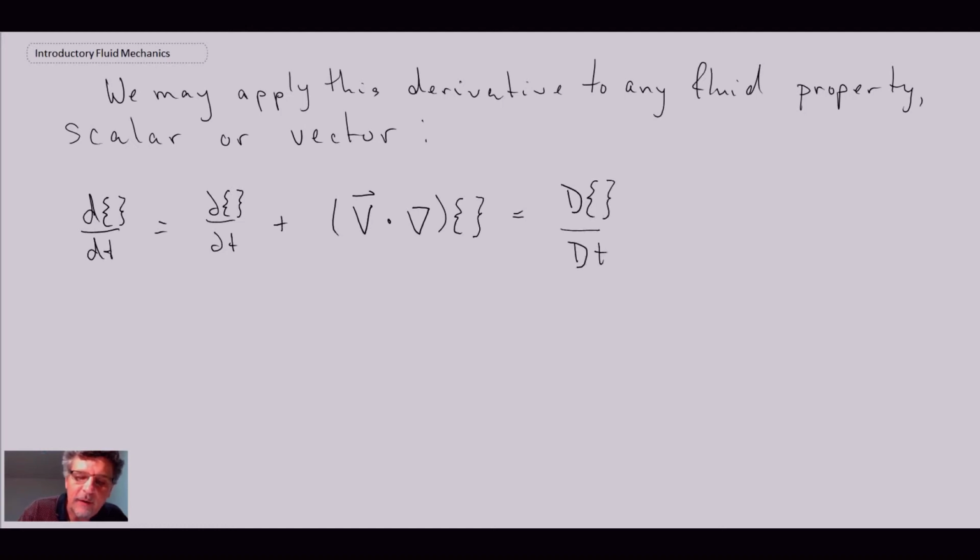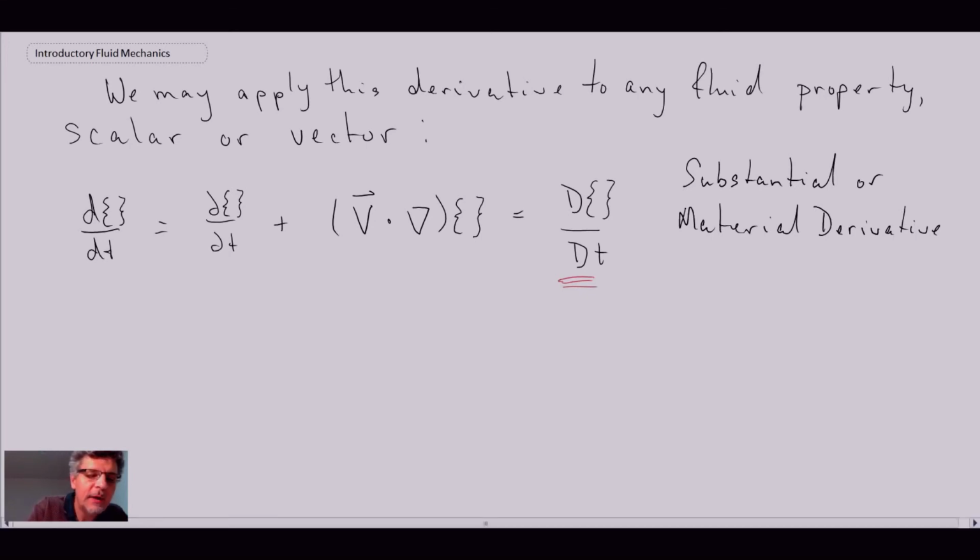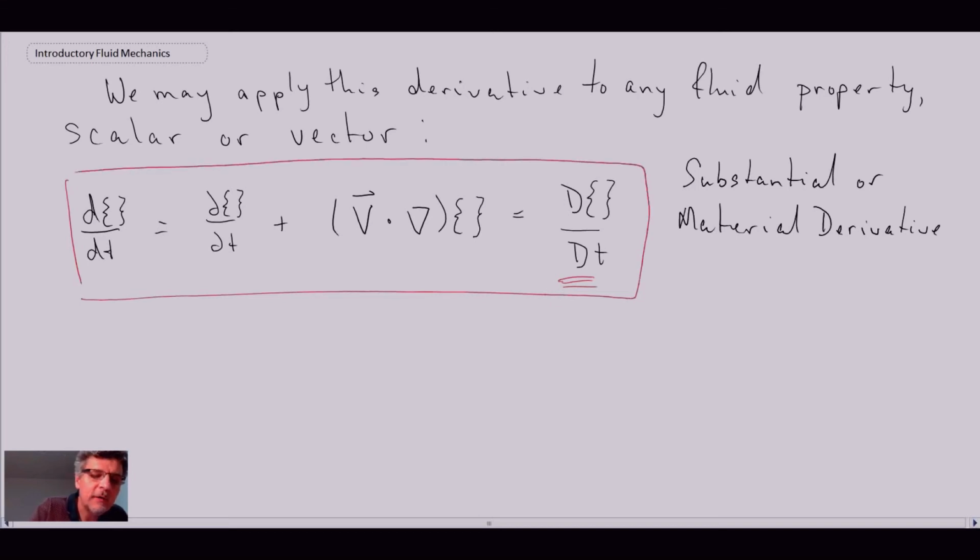To denote it, we use this capital D, and this is referred to as the substantial or material derivative. Written generically here, it could apply to either a scalar or a vector. So that is the substantial derivative or the material derivative.